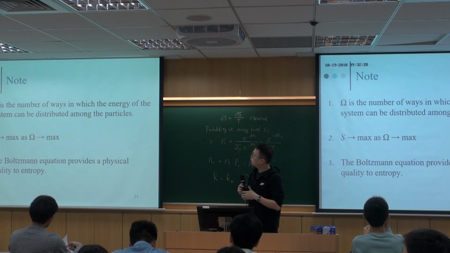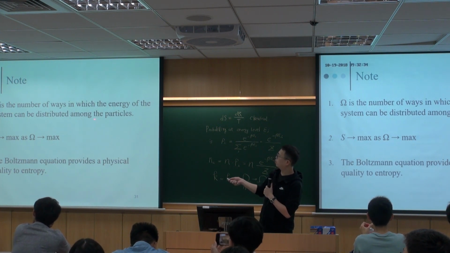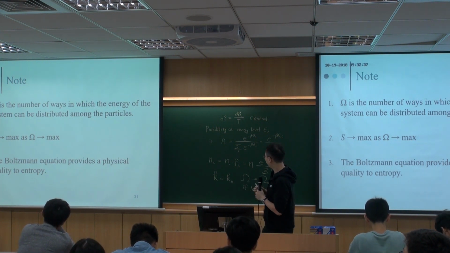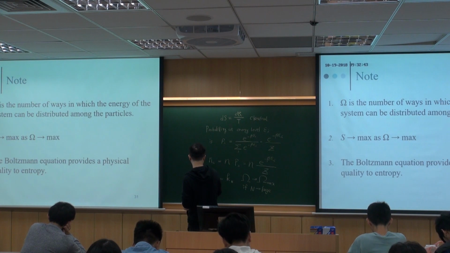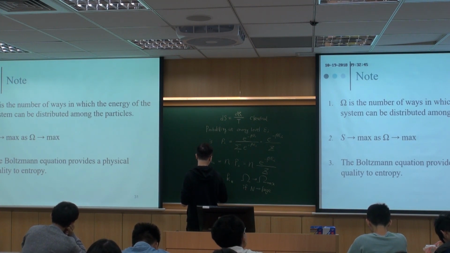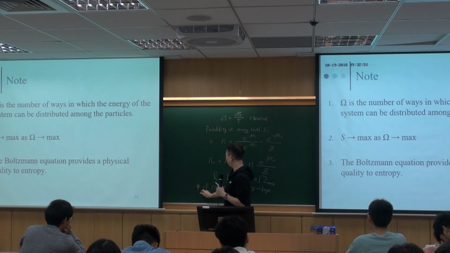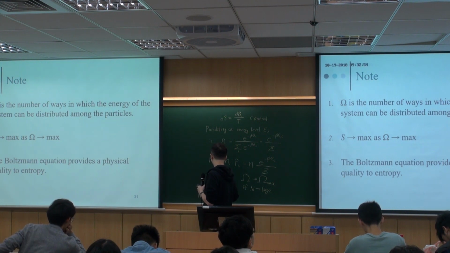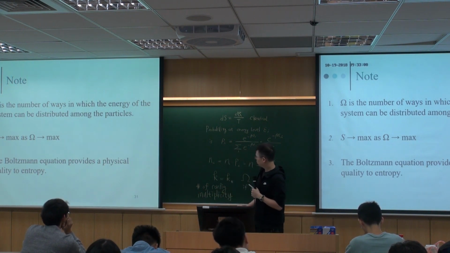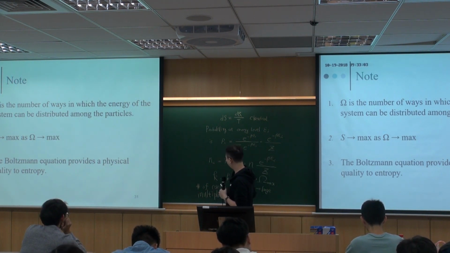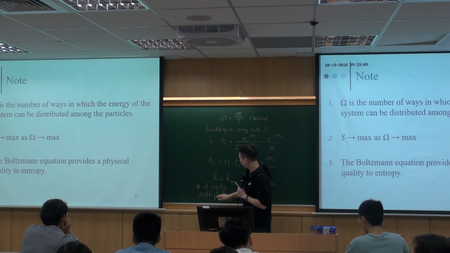So there are some notes. Omega is the number of ways in which the energy of the system can be distributed among the particles, or typically I would say the number of configurations, or multiplicity.